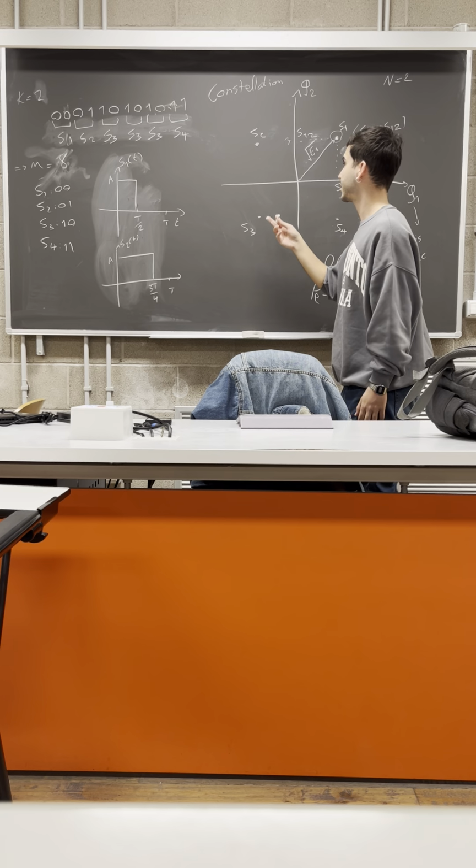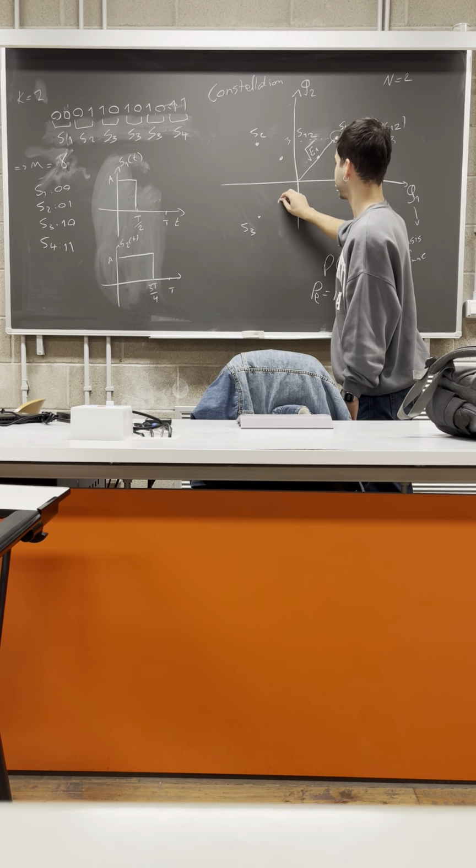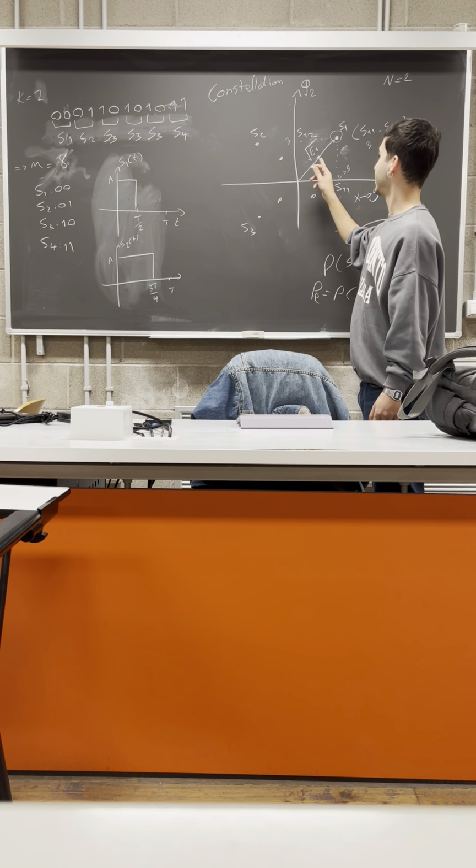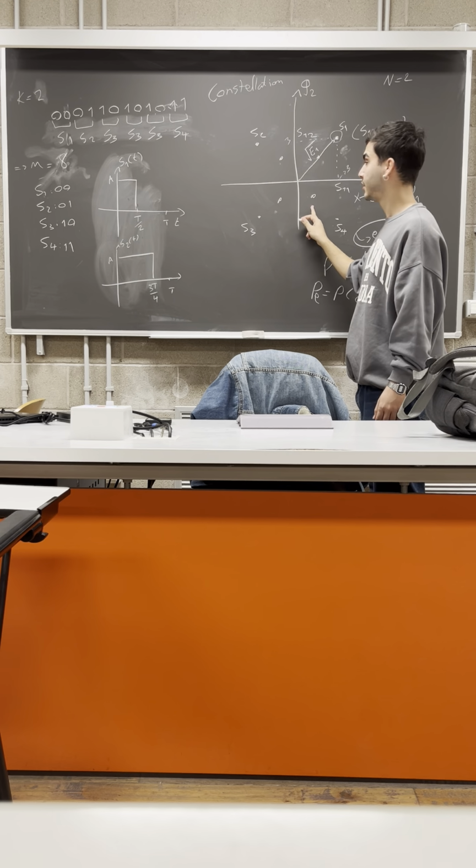What happens in that condition? I will have another 4 points in this constellation: S5, S6, S7, and S8.